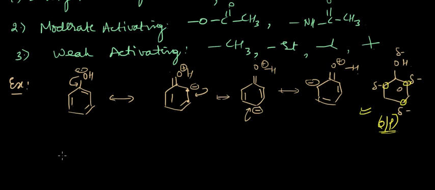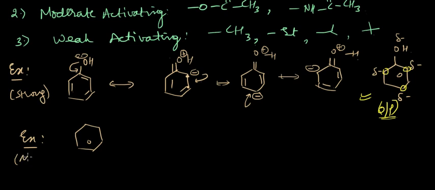Okay, let's see the next example. We have something like this, a moderately activating group. This was a strongly activating one. Now let us see an example of moderately activating. We have again something like this. Now why it's moderately activating is because it can either do resonance within the ester group, or it can do resonance with the phenyl ring.